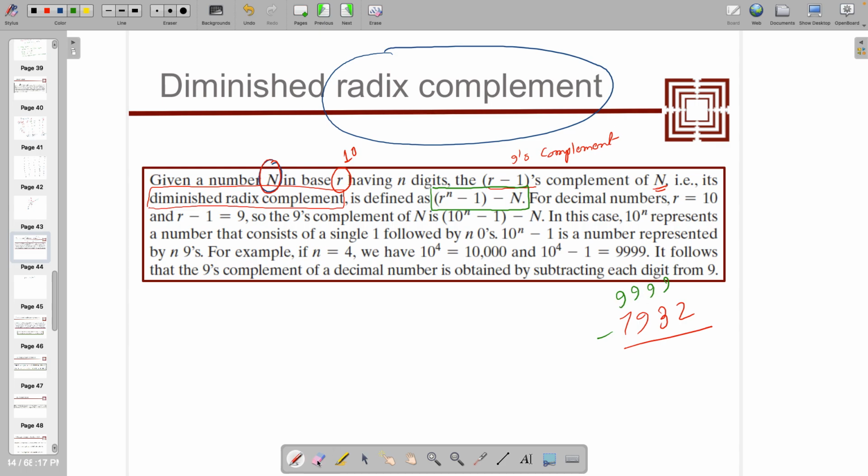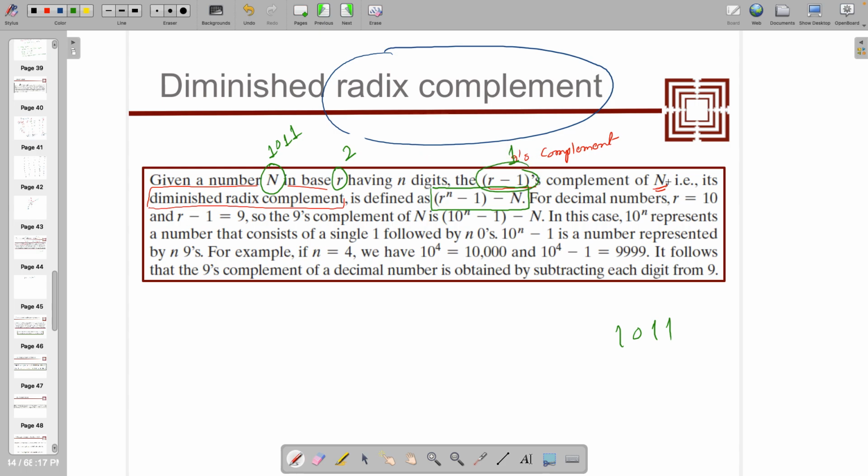But in that case, let's assume that I have a number 1011, and I want to find out the 1's complement of this one. Let's read this again, where number n is equal to 1011, the base r is equal to 2, so r minus 1 becomes 1, which gives the ones complement.